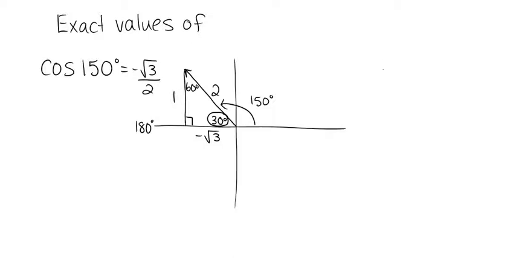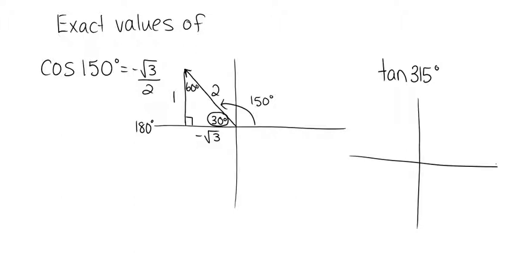So let's say I wanted to find the exact value of tan 315. Okay, so I'll draw my grid. 315 is going to be in quadrant 4. So that's 315 degrees, so my related angle must be 45.